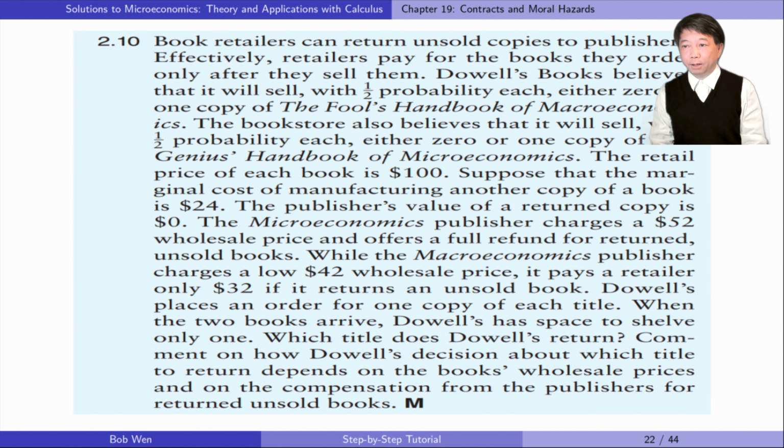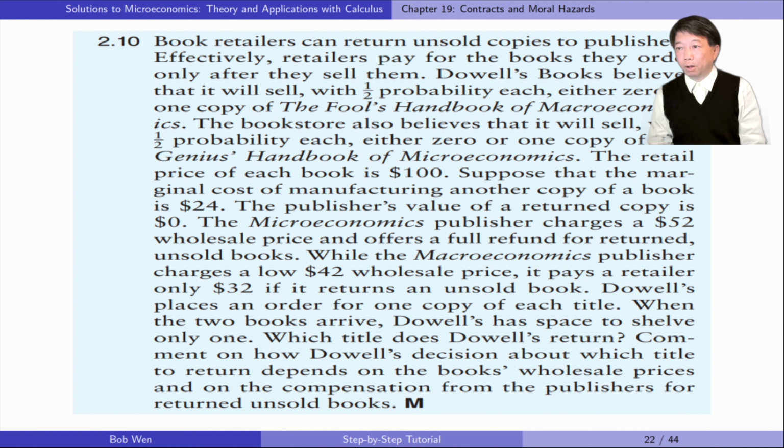Let's solve exercise 2.10. The book retailer believes that it will sell with 1/2 probability each, either 0 or 1 copy of Macroeconomics. The bookstore also believes that it will sell with 1/2 probability Microeconomics. The retail price of each book is $100.